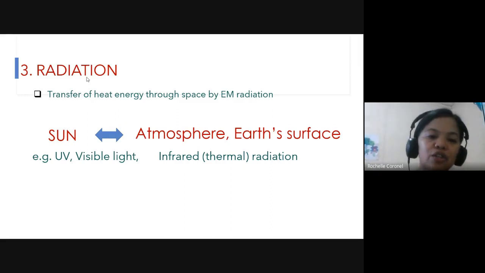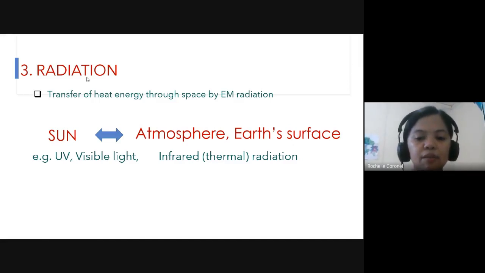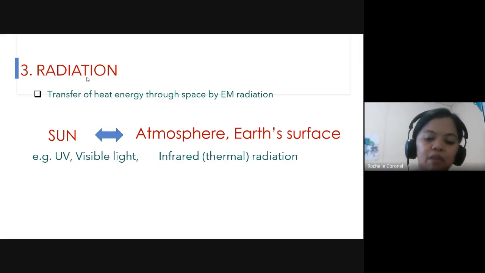The other radiation is somehow filtered, but there are still a few that can pass through the atmosphere. These are just examples of UV and visible light, basically the shorter wavelengths that come from the sun. And then there is the infrared thermal radiation. Usually, this is the radiation that the Earth releases to space.